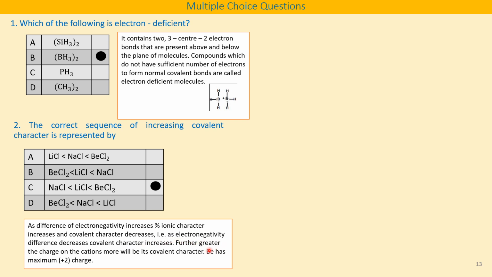That is, as the electronegativity difference decreases, the covalent character increases. Further, the greater the charge on cations, the more will be its covalent character. Be has the maximum of +2 charge.